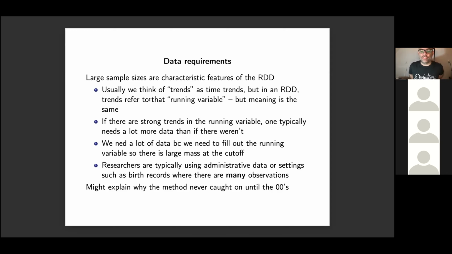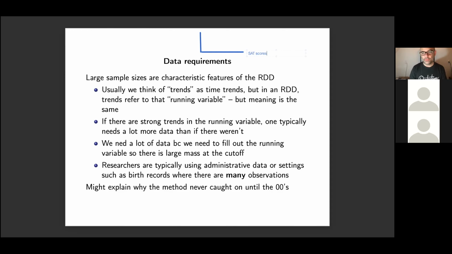So we usually think of trends as time trends, but you don't have to think of trends as time trends. Let's say that we had here SAT scores. Here we have a trend.